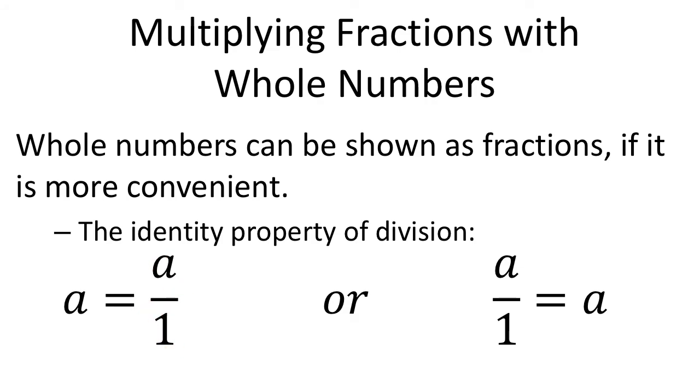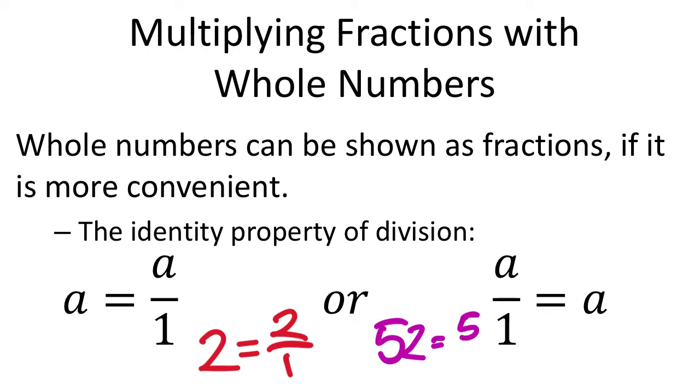All right. So this means, let's see if we can emphasize this. If I looked at a number such as 2, it is possible to write it as 2 over 1. Or if you saw a number like 5, it could be big as well, like, I don't know, 52. You could, if you wanted to, write it as 52 over 1. Okay? And again, this part right here is just saying you could work it backwards.